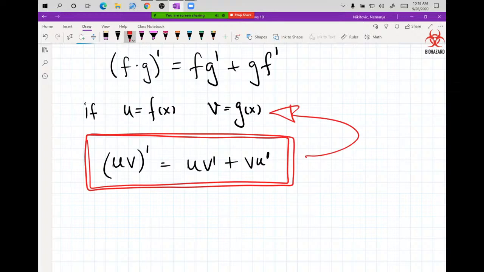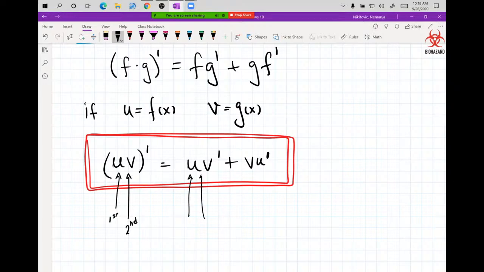The way I learned this when I was in Calc 1, because I guess I am a visual learner, I said this is what I call the first in my head, and this is what I call the second function. So I said copy the first, derivative of the second, plus copy the second, derivative of the first, right? Whatever way you learn it.